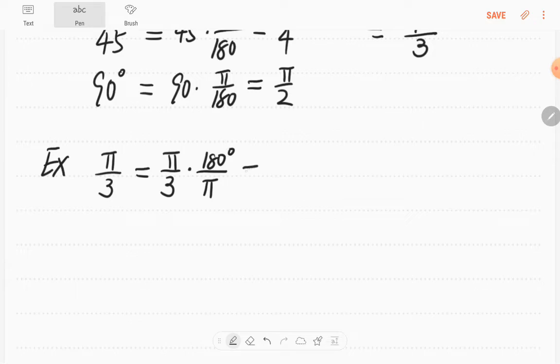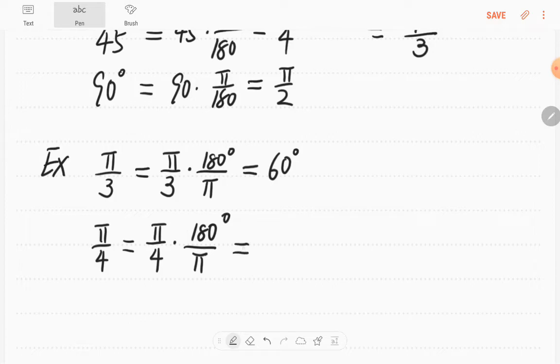So this is equal to 60 degrees, right? Pi over 4 radians: each radian equals 180 divided by pi degrees, so this one would be 45 degrees, right?